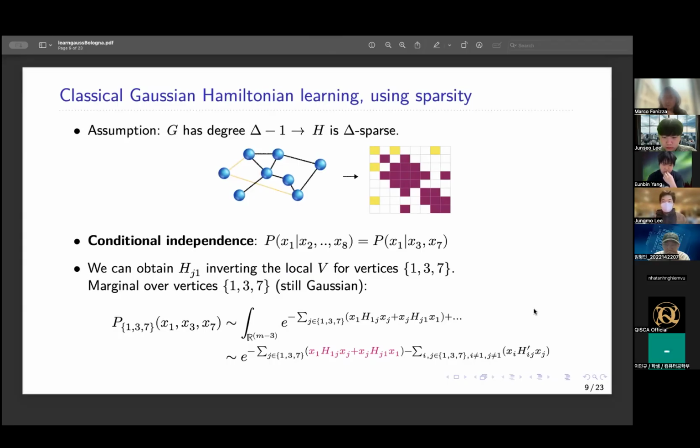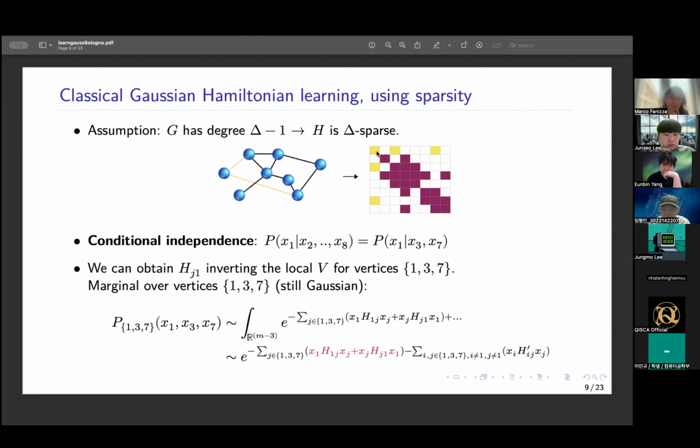So let's now consider a Hamiltonian, sorry, this should actually be theta if we stay in the classical case. Let me call it Hamiltonian, I think it would be easier. Let's consider a Hamiltonian which is delta sparse.